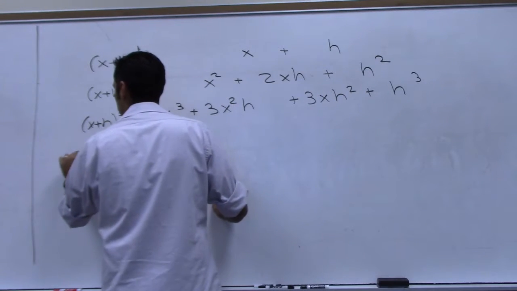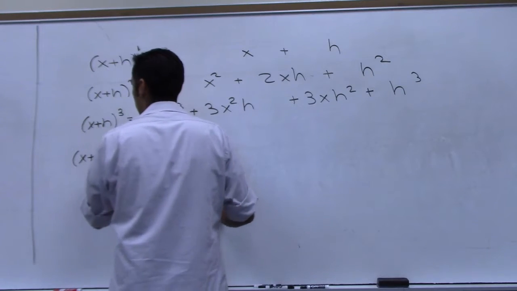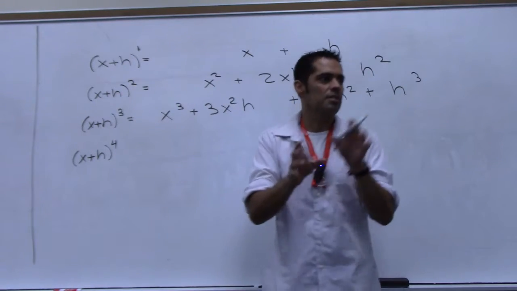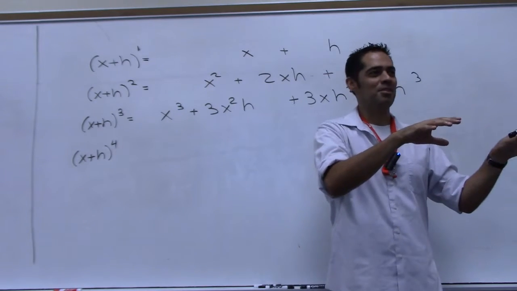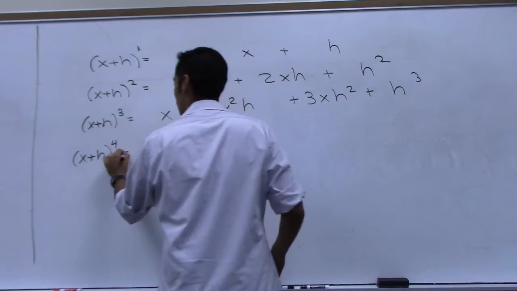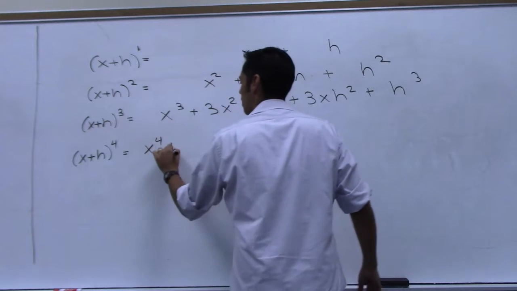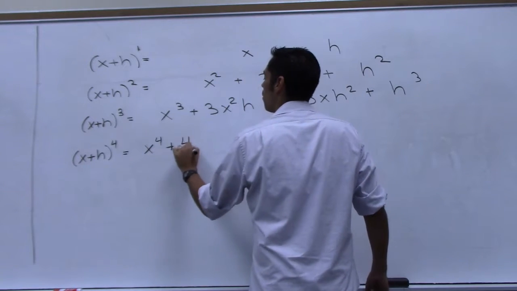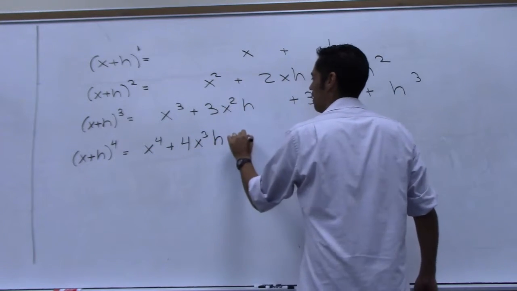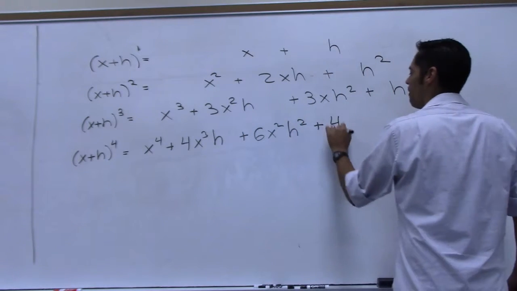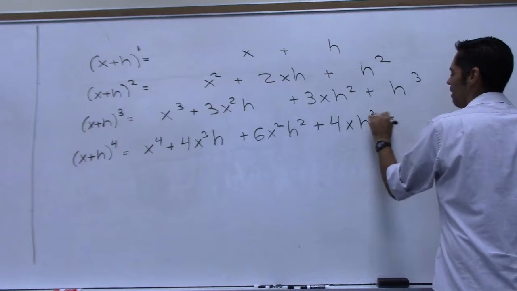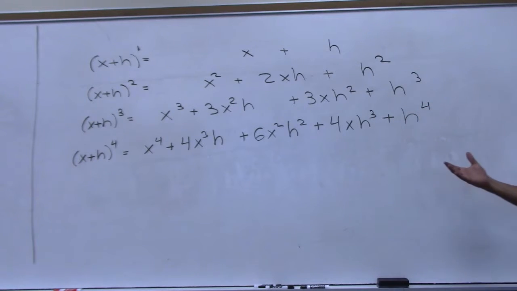So if we do x plus h to the 4th, that's x plus h times x plus h times x plus h times x plus h. It would be x to the 4th plus 4x cubed h plus 6x squared h squared plus 4xh cubed plus h to the fourth. Of course, right?